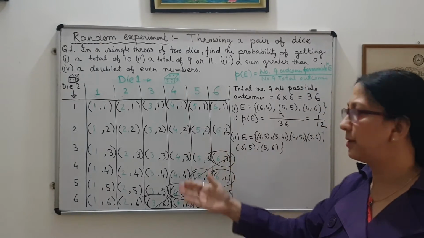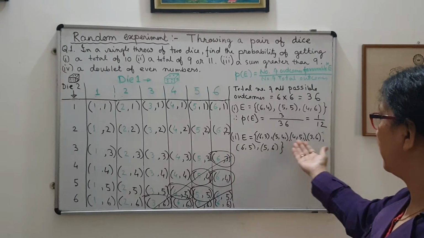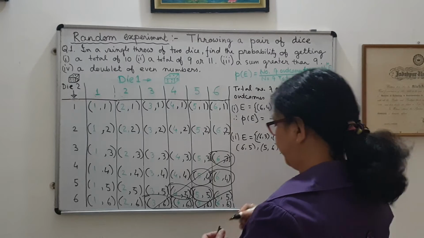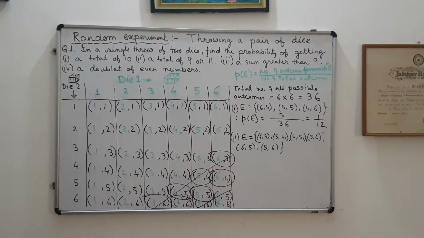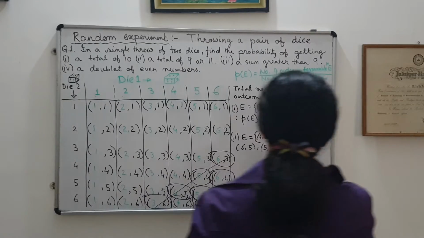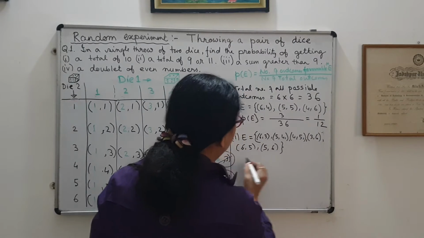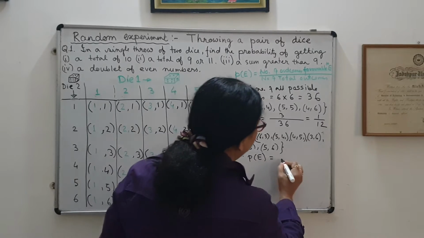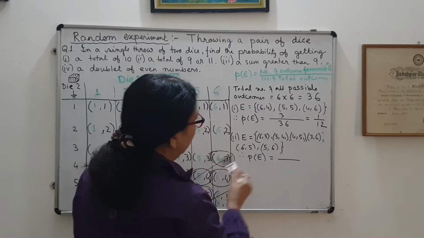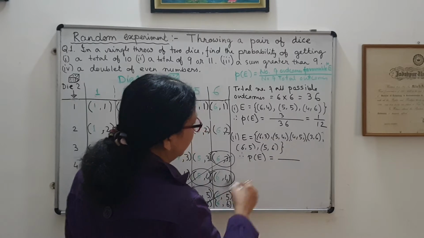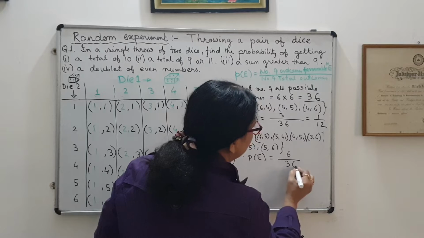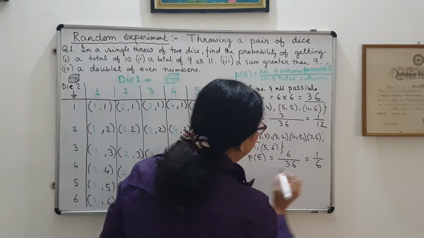So if you observe the table, from the table I can easily find out the elements of the event. Therefore, the probability of the event will be the number of favorable outcomes, how many? 1, 2, 3, 4, 5, 6, and the total number of outcomes is 36. So the answer is 1 by 6.